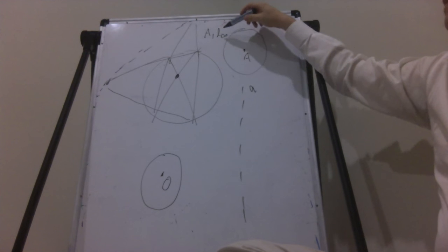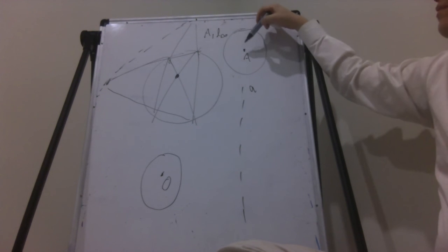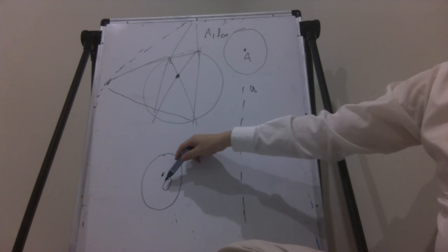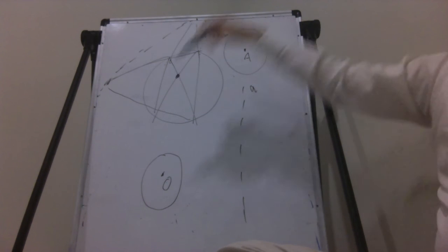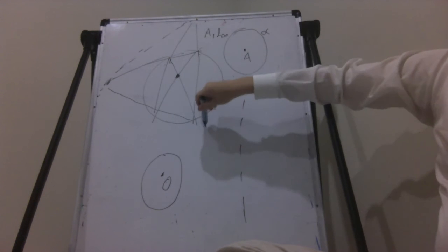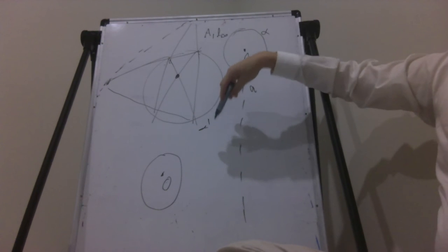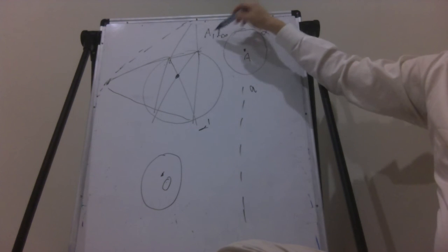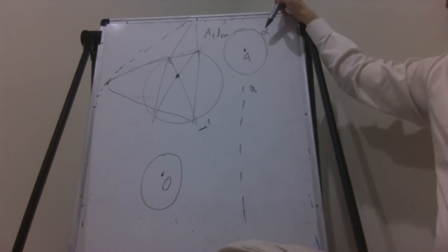So they're paired together. Then when you reciprocate that about this circle, this circle, which is alpha, becomes the conic alpha prime. These two things are still paired up with respect to alpha prime now.